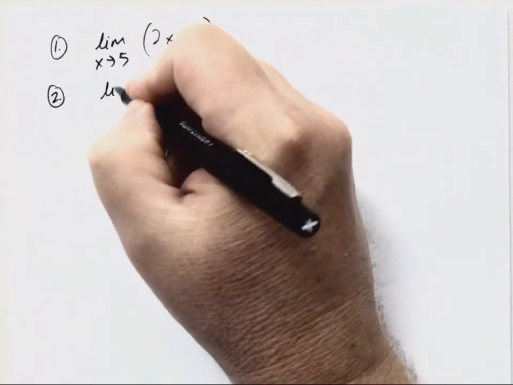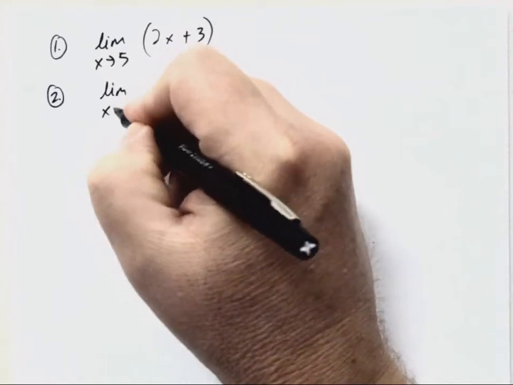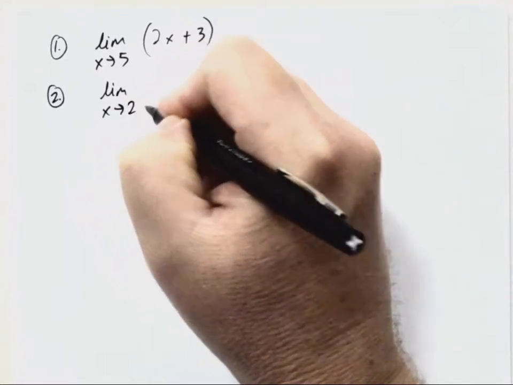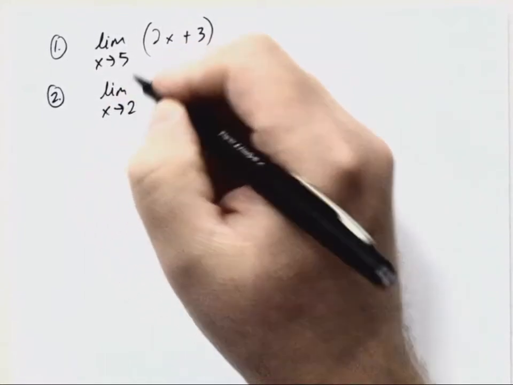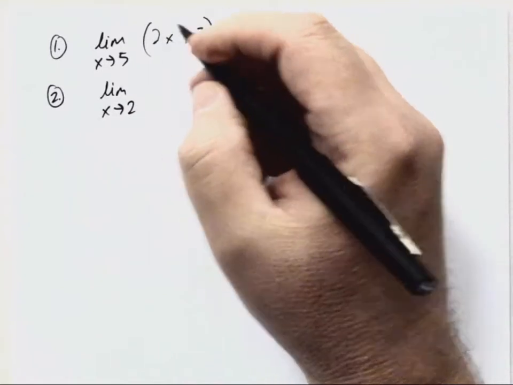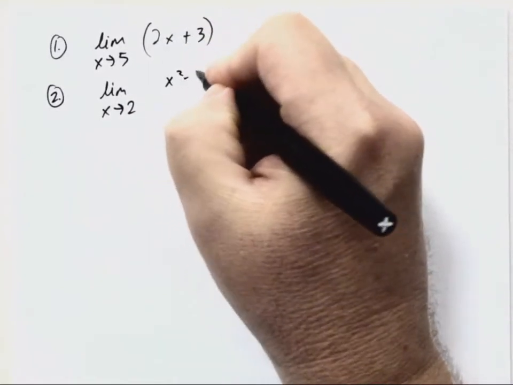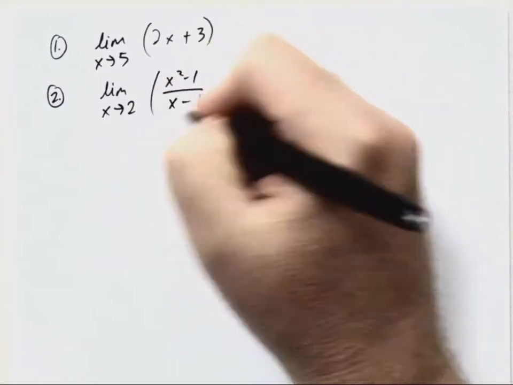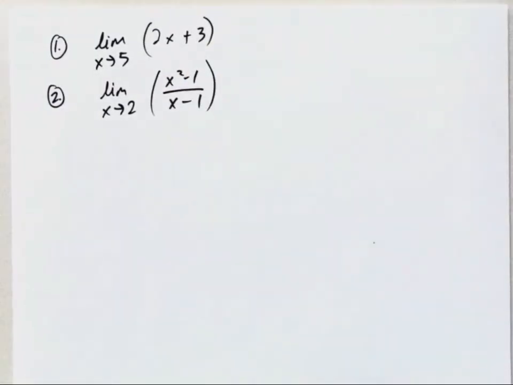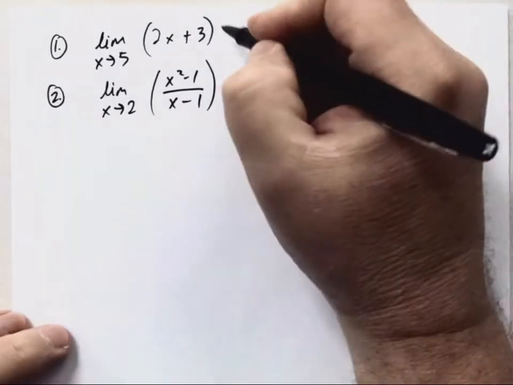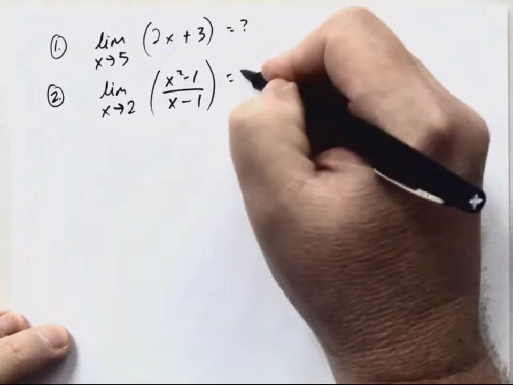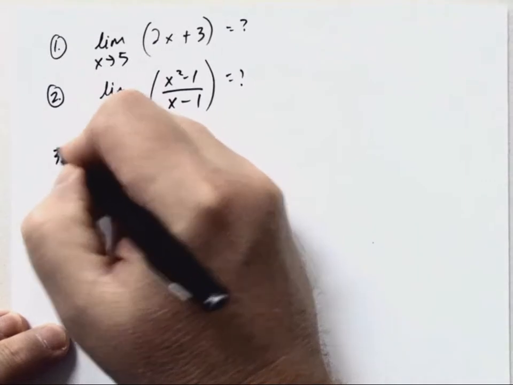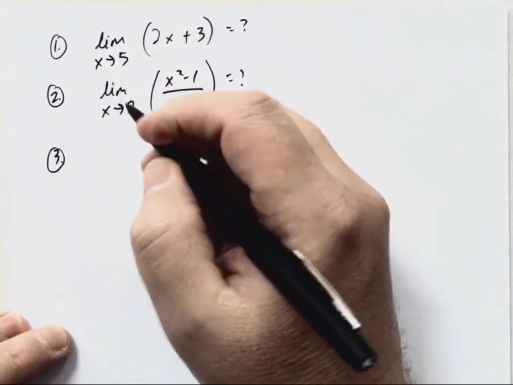The second problem, the limit as x approaches 2 of this, is actually a rational expression, right? It's a fraction. So here are the 4 problems I'm going to work through.